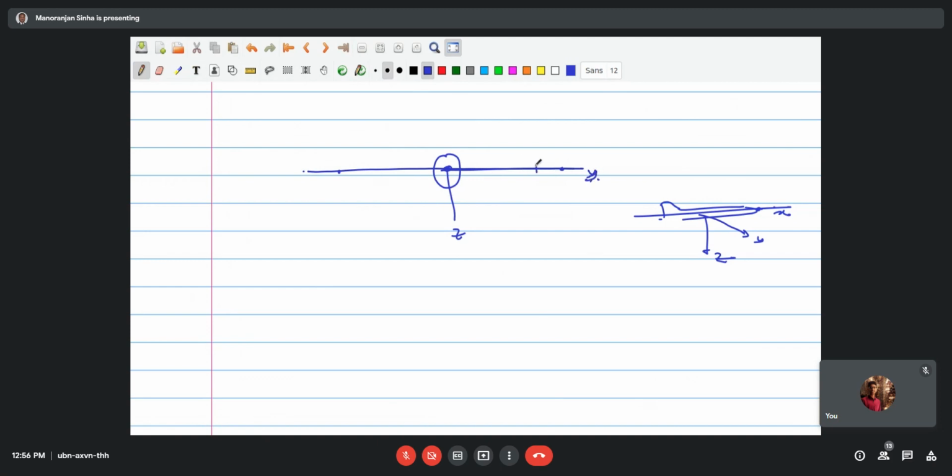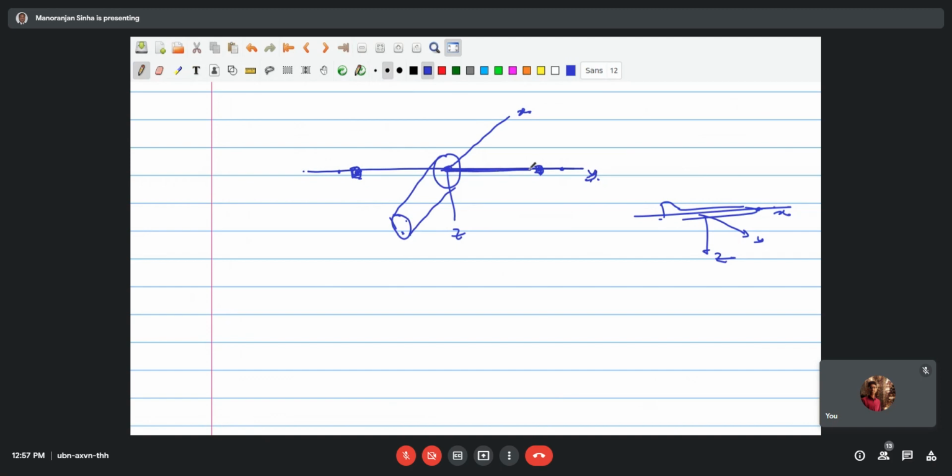If we have the wing here, and in the wing we have one mass here, and on this side we have another mass at equal distance. Then we take the x-axis like this, along the body of the aircraft.